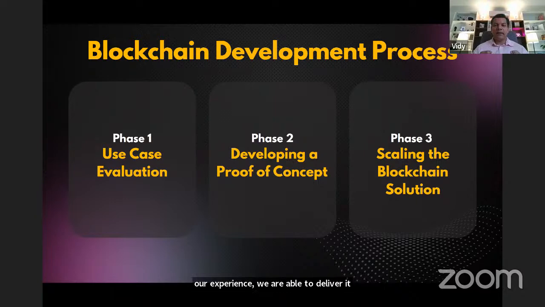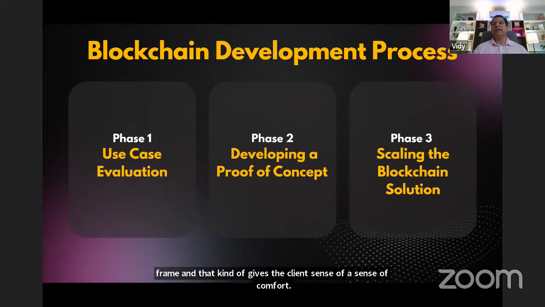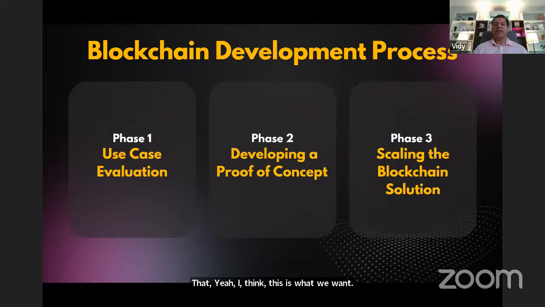And that gives the client a sense of comfort that, yeah, I think this is what we want. And if it can be done in 6 to 8 weeks to get an initial proof of concept, then they're happy to go ahead and invest the next bit to develop a minimum viable product.